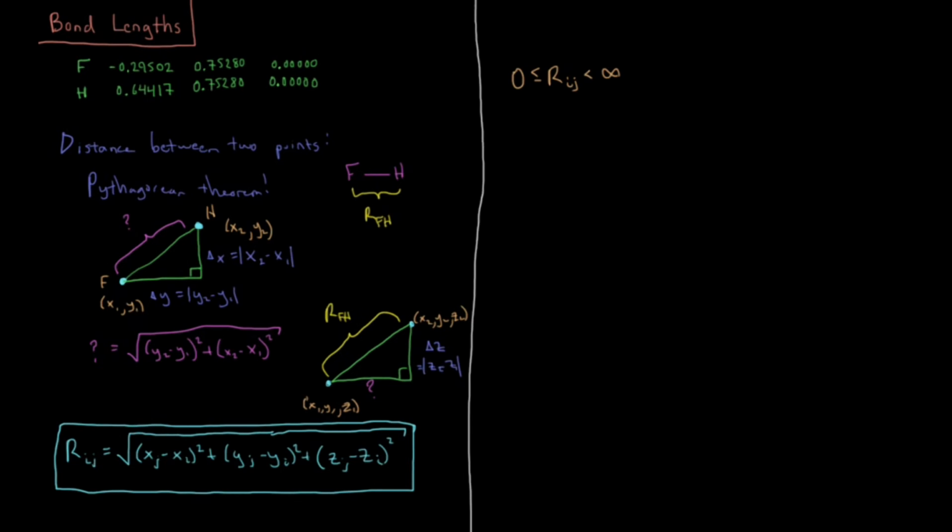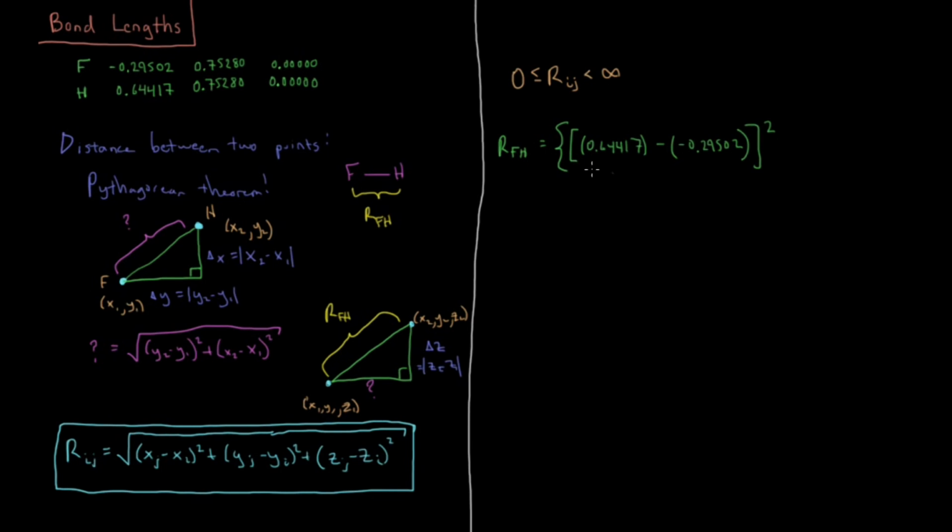Okay, on to calculating it for this specific case of our fluorine and our hydrogen. We said from Avogadro that it's 0.939 angstroms. So let's go ahead and calculate that. We have RFH equals big parentheses. We're going to have xj for 2 being 0.64417 minus negative 0.29502, and then close parentheses, square that.